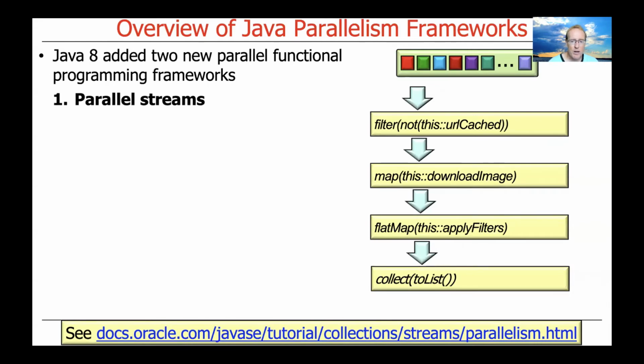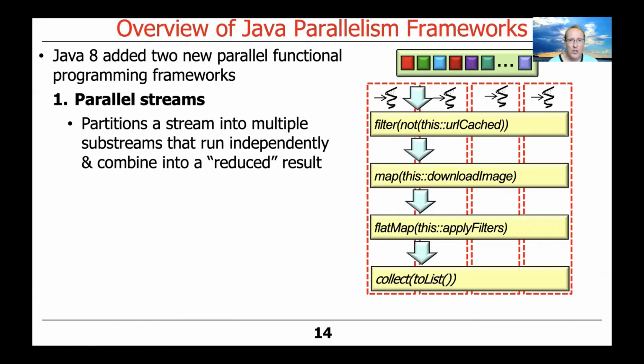One of them is the parallel streams model, where you basically have pipelines of processing nodes or processing modules, which are called aggregate operations in the nomenclature of streams. They can partition the overall source of data, which is typically some kind of Java collection, into multiple substreams that can run independently and then be combined to provide a single reduced result. So this is basically just providing a functional programming wrapper on top of the underlying object-oriented fork join framework.